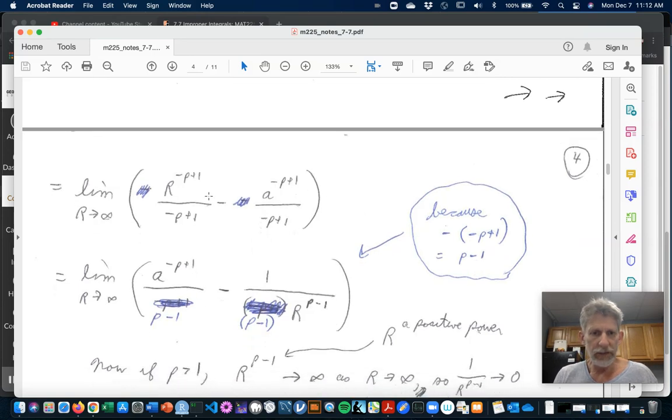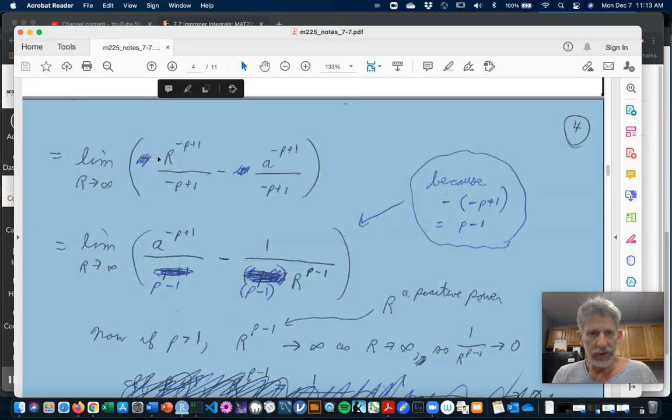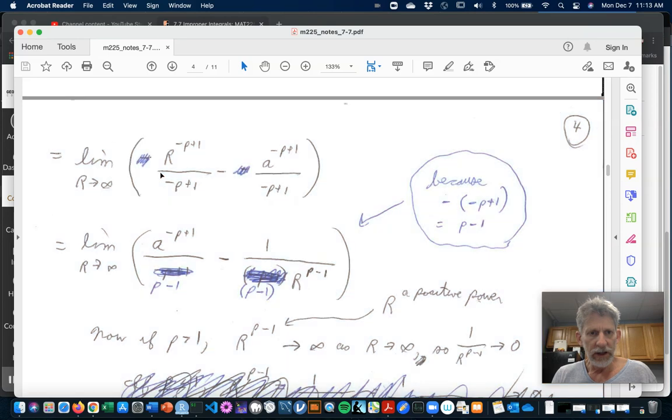And I've got a minus sign here in front of this expression, so I can put that minus in front of the minus p plus 1 and get a p minus 1 on the bottom. And I'll also write a p minus 1 here, but that's the opposite of minus p plus 1, so I need to stick a little minus sign out in front here.